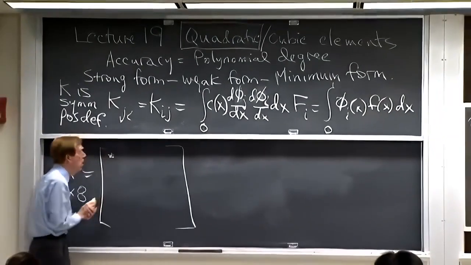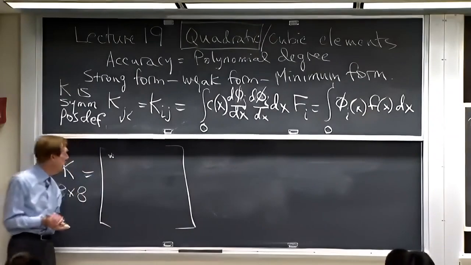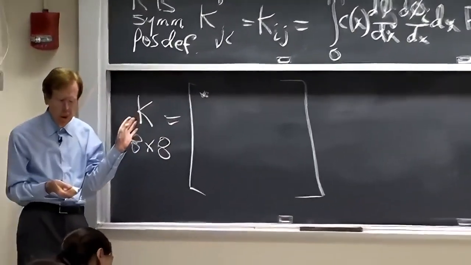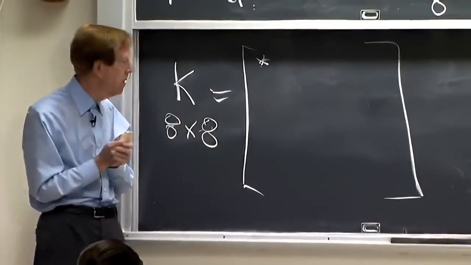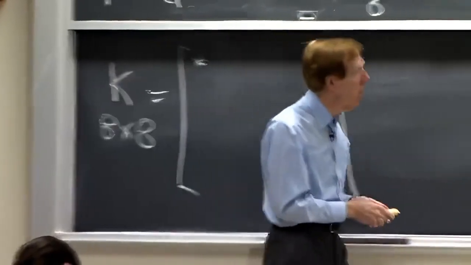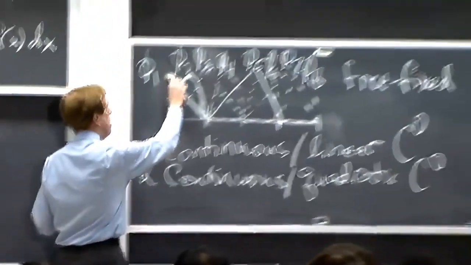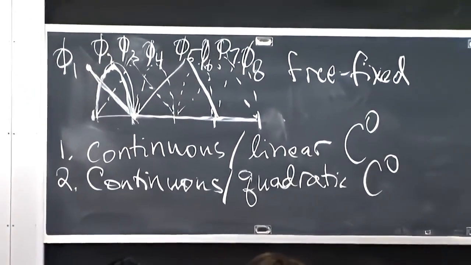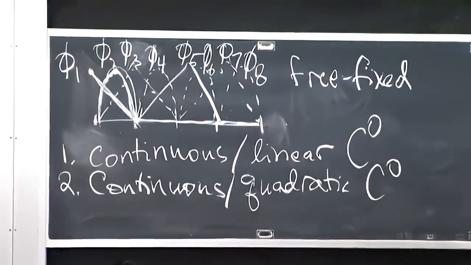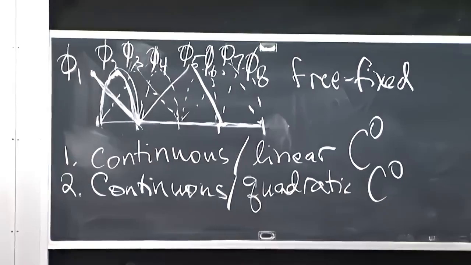For 1,1, we'll get something there. Will we have something in the 1,2 position? So that's my question. What's 1,2? That's this function against the bubble function, yes. Right? They're non-zero at the same place. We can expect something there.